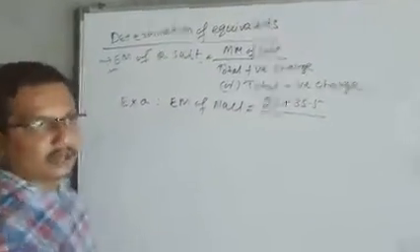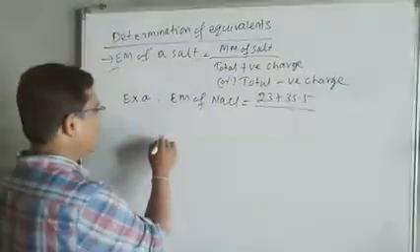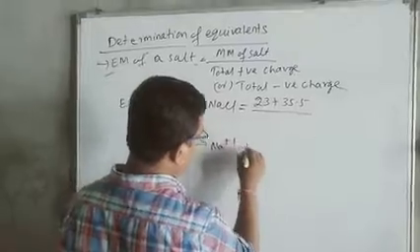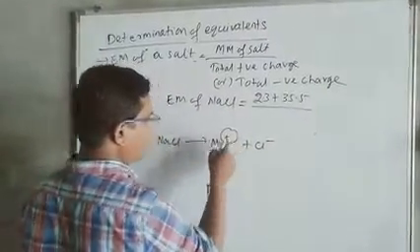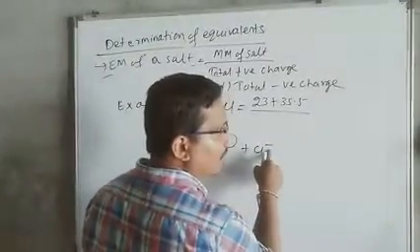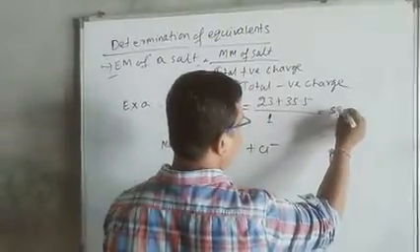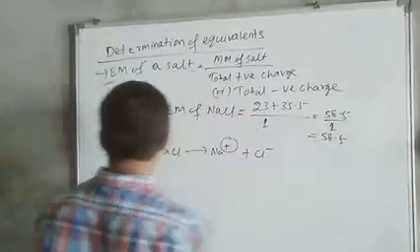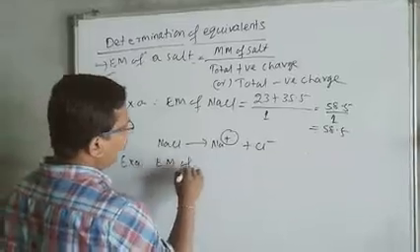A salt has an equal number of positive and negative charges. NaCl on breakdown gives Na plus and Cl minus. Here the magnitude of positive charge is 1, and the magnitude of negative charge is also 1. That means you divide by 1, so 58.5 divided by 1 is 58.5.